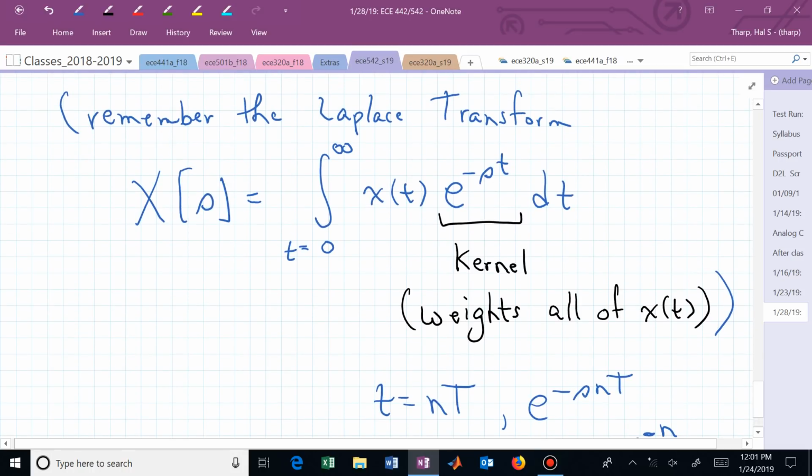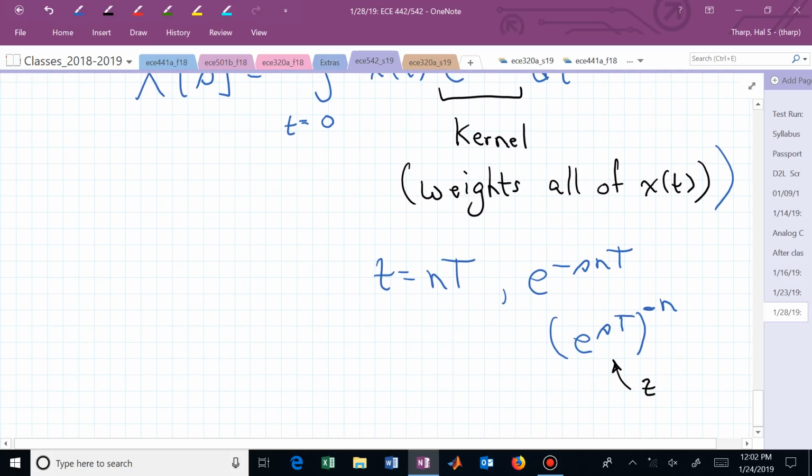Now we have this sampled waveform, little x of t, sampled at every little n capital T points in time. That now gives us a sequence of numbers as n marches from 0 all the way up to infinity. And we're weighting that with z to the minus n. Again, n is the index that we're using.